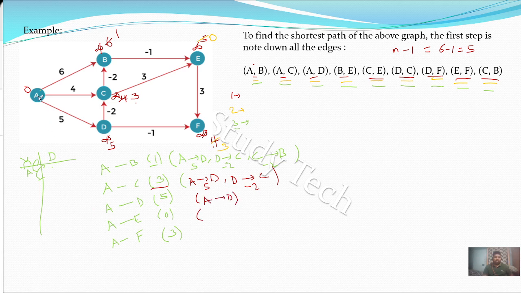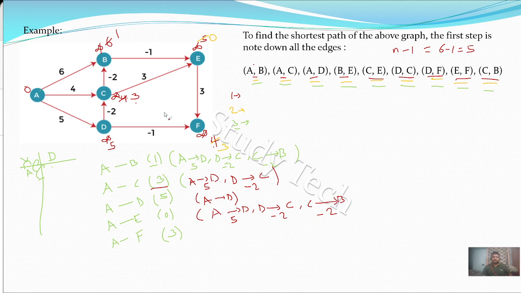And A to E, you can get the 0 here. How can we get the 0? A to D the value is 5, and D to C the value is minus 2, and C to B the cost is minus 2.